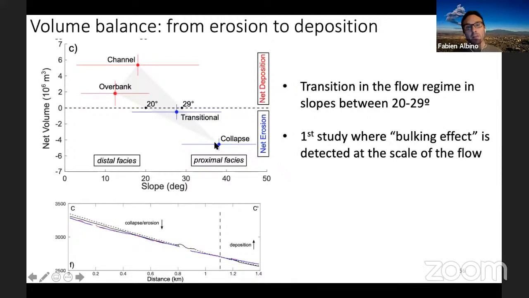You see the proximal facies here in blue with a transition to distal and deposition at about 20 to 29 degrees. This is consistent with previous results. We report here a transition between erosion and deposition for collapse eruptions at Fuego around 20-29 degrees, and we are able to do it at the scale of the flow rather than just at outcrops.